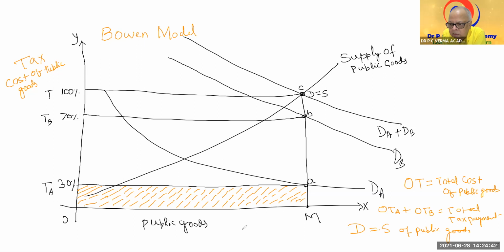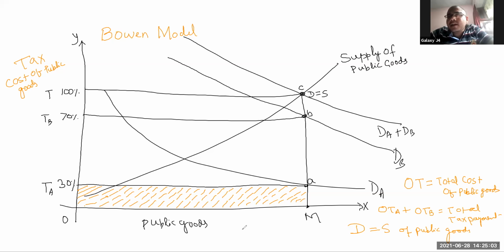Sir, on the x-axis we measure public goods and on the y-axis we measure tax and cost of public goods. Now, there is an S curve which is upward sloping, which shows the supply curve of public goods.